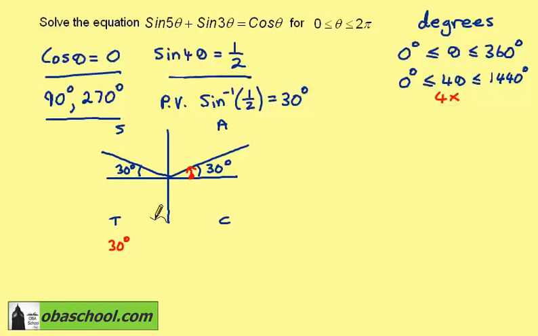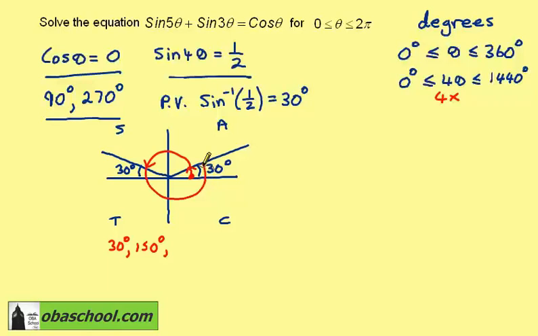Therefore, we could just take the 30, add 360 to get the next time we reach there, add 360 again for the third time, and then finally add 360 again to find the fourth value. We can do the same for the other solution, which is at 150. However, we'll just follow round on the diagram.